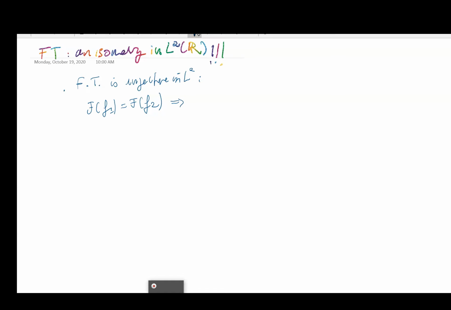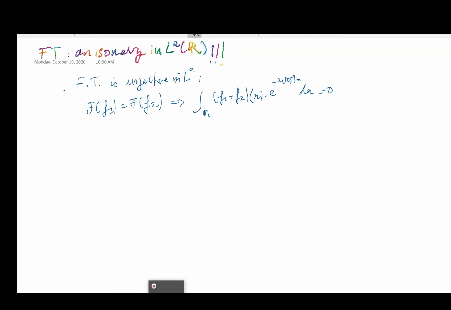It means that the integral on R of (f1 minus f2)(x) times e^(-2iπxξ) dx is equal to 0. Okay, so that's what it means to have that the Fourier transform of f1 is equal to the Fourier transform of f2, by linearity. I just put that together.